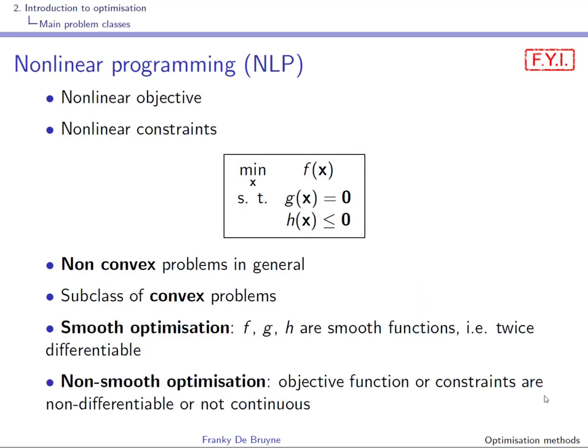For your information, nonlinear programming problems are problems where in general the objective function is nonlinear and the constraints are nonlinear, and you have equality constraints and inequality constraints. In general, the problem is non-convex, but we have seen that if all of the involved functions are convex, then we have a convex problem.